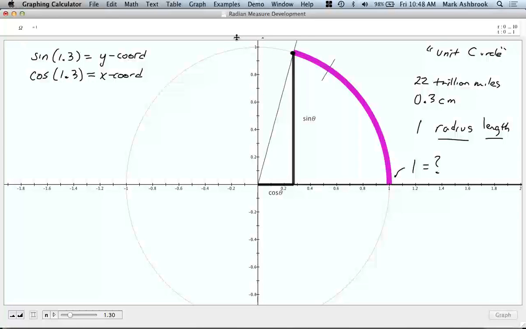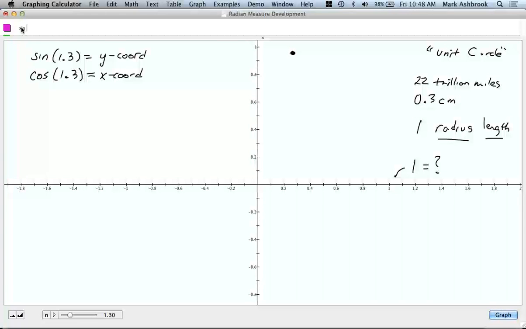Okay, so get your calculator or graphing calculator, whatever you want, and if you do sine of 1.3, you get 0.964. The answer is 0.964.